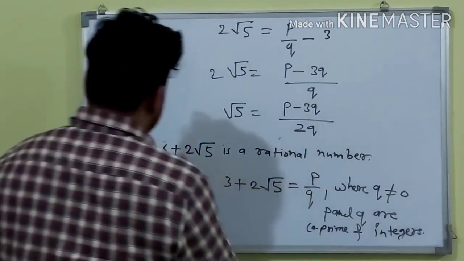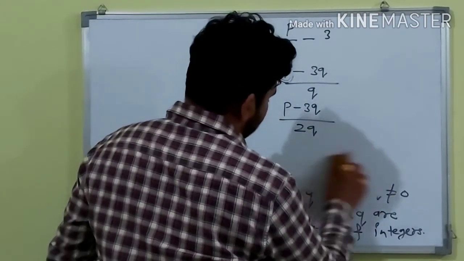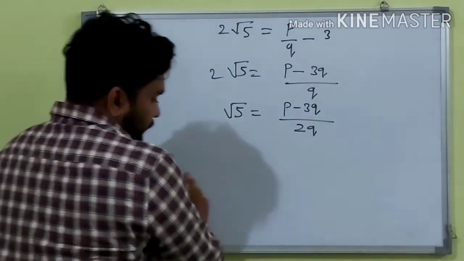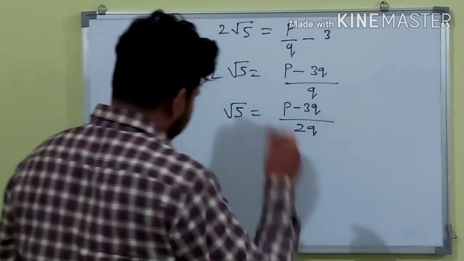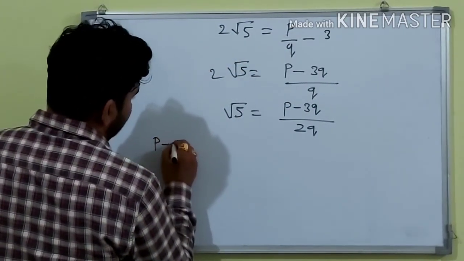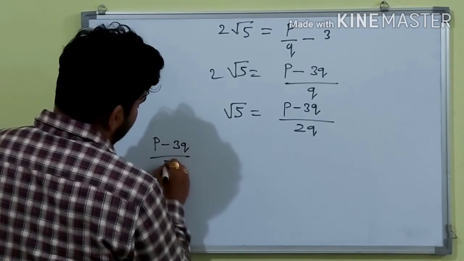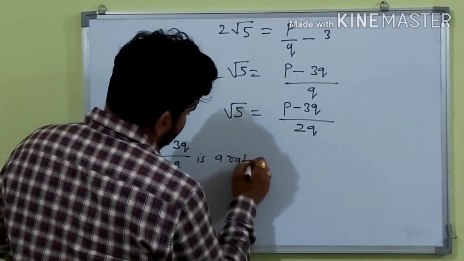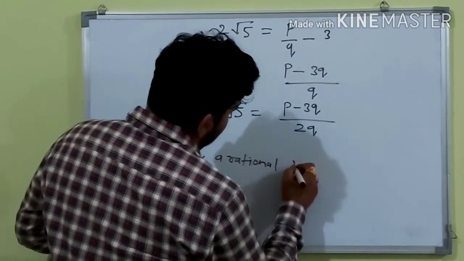This is our expression. P minus 3Q divided by 2Q is a rational number.